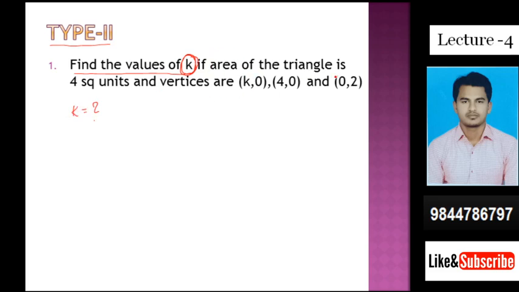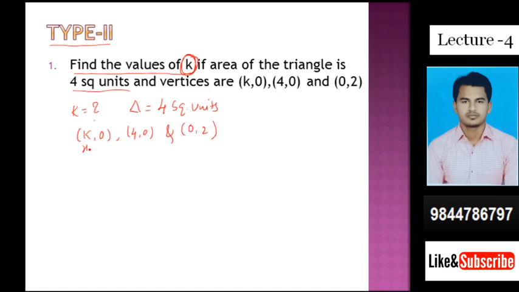If the area of the triangle is 4 square units, it means delta is equal to 4 square units, and the vertices are k comma 0, 4 comma 0 and 0 comma 2.